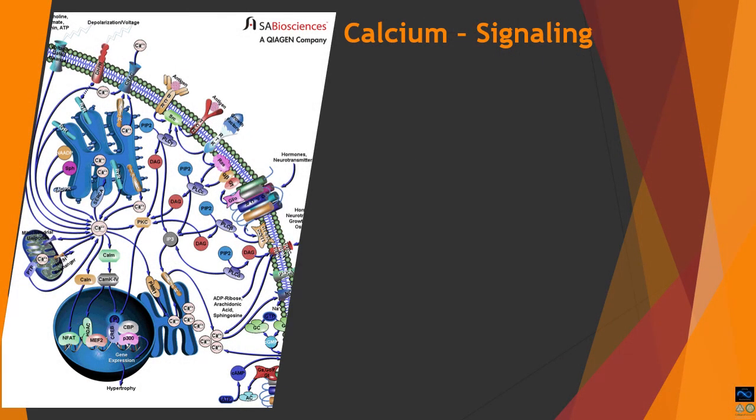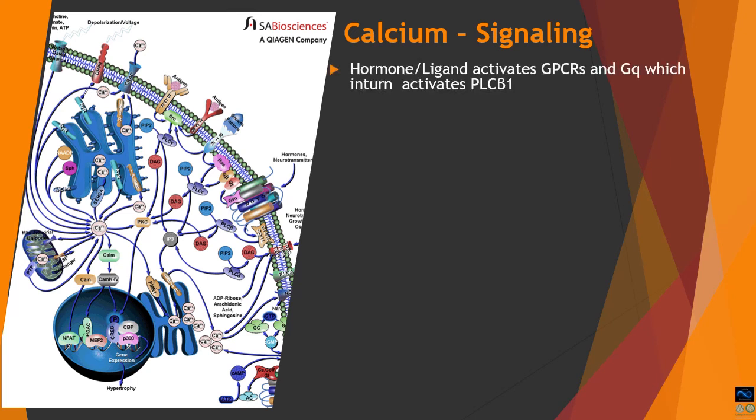As I already told you, calcium signaling is actually under the influence of certain other signals, and particularly the calcium signaling is a sub-arm of phospholipase signaling. And we know from the previous lecture that the phospholipase signaling is activated by binding of a hormone or ligand to specific GPCRs located on the surface of the cell, which in turn will activate the GQ type of G protein.